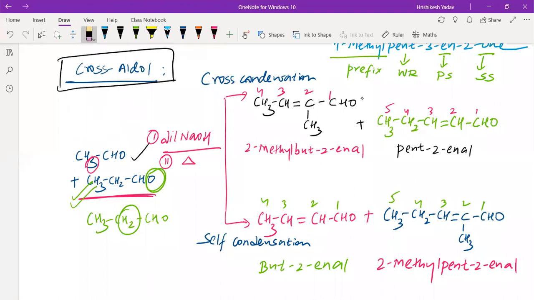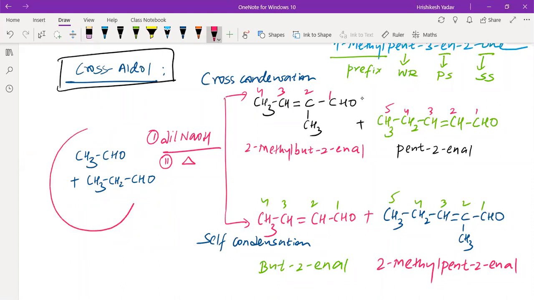So did you all get this? Actually, how to get cross aldol is a little bit challenging, as I said, because two different molecules, like one is acetaldehyde, the other is propionaldehyde, when reacted with dilute NaOH, in all 4 products are obtained.